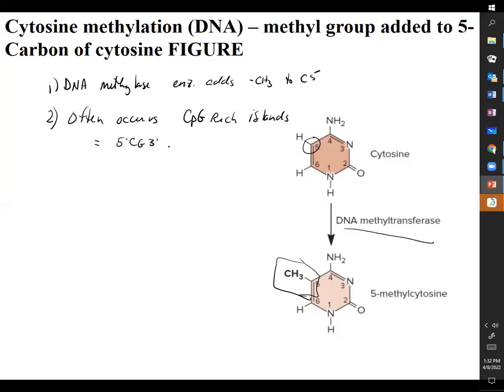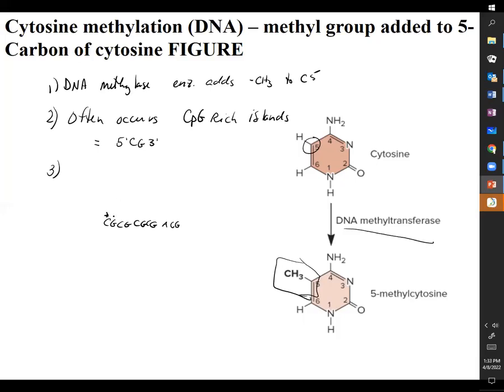So many of these in a sequence. It doesn't have to be exclusive, but it means it's rich in CGs. So let's imagine here, let's go CG, CG, CG, CG. We'll get an A in there. It doesn't have to all be CGs.